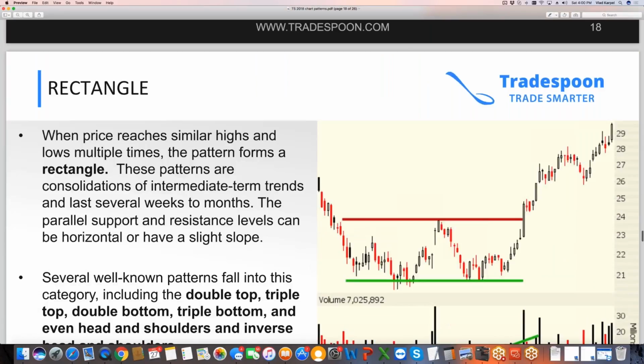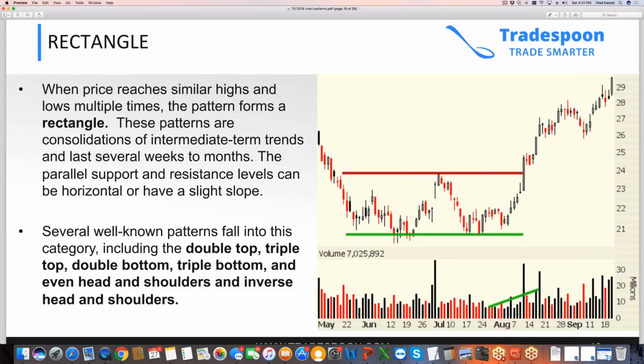All right, another very common pattern is the rectangle, right? Instead of a descending triangle or triangle pattern, this is connections of two parallel lines. And that's where head and shoulders, you hear on the news a lot when people talk about technical analysis. These are the most common patterns they identify: head and shoulders, triangles.